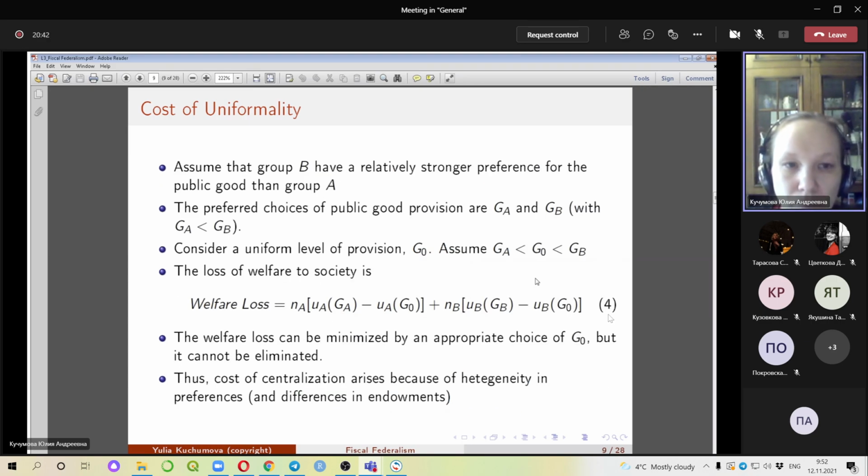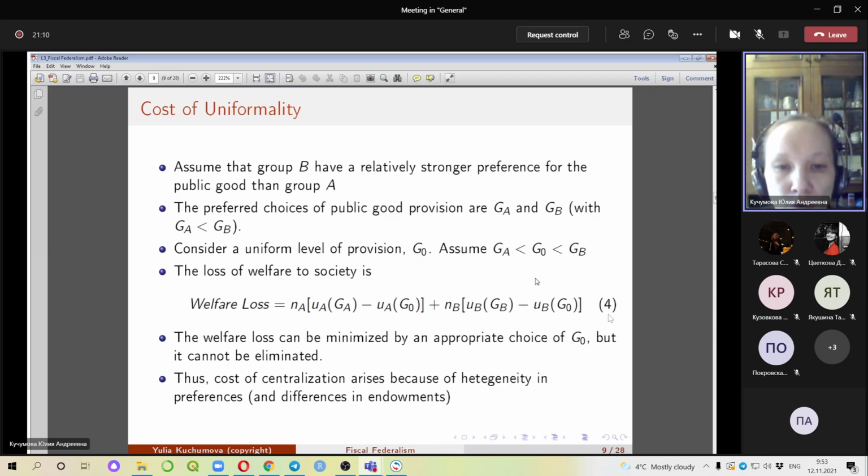So let's now assume that Group B has relatively stronger preferences for the public good than Group A. And specifically, the preferred choices of public good provision are GA and GB, such that GA is less than GB.